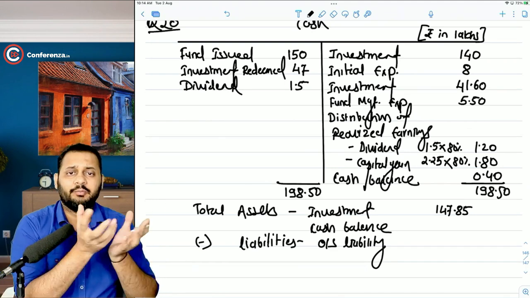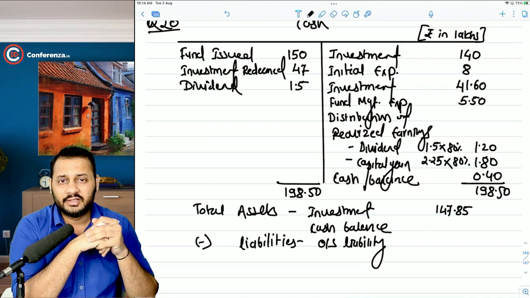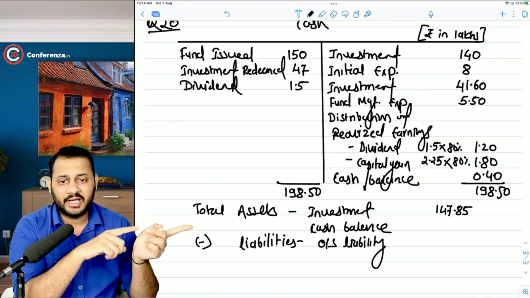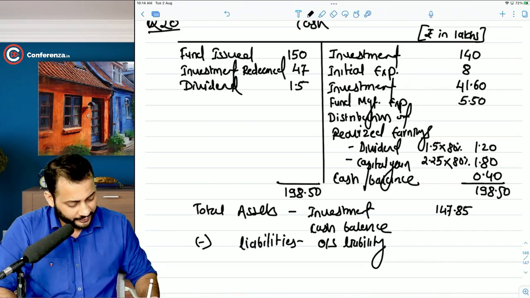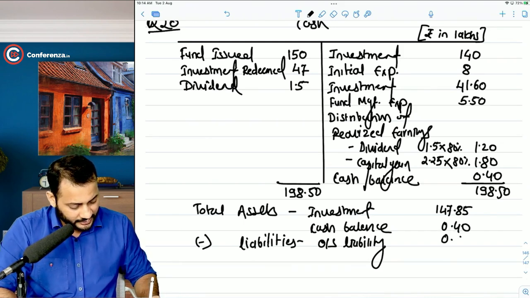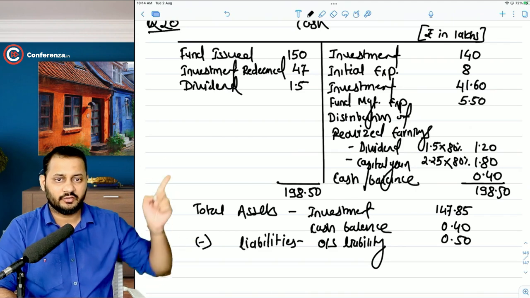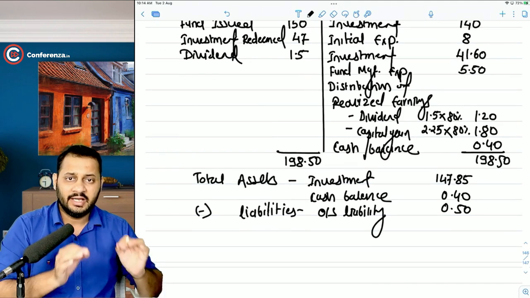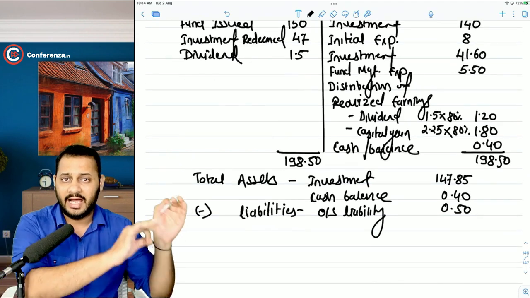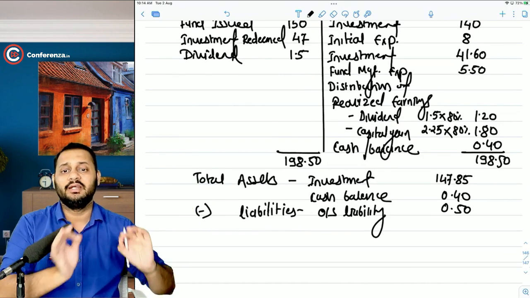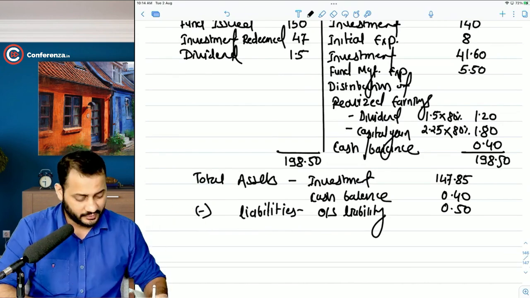The entire purpose of preparing this statement is to get a cash balance at the end, which is 0.40. Okay. Less the outstanding liability, which is 50,000 of the fund management expenses. If there is any other asset, add that at market value. Liability, deduct that at market value.